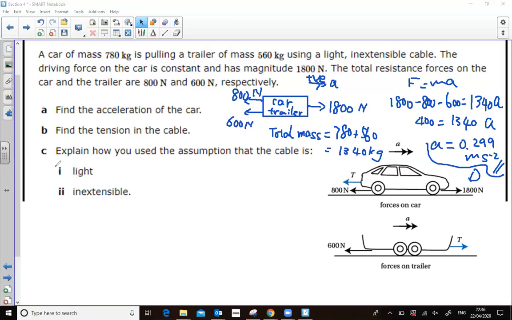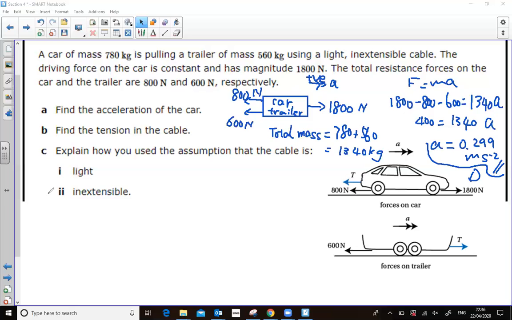Okay, let's look at part B. So, just to add to this question, you can see if I consider the car and the trailer as one single particle, it's actually much quicker to work out the acceleration.